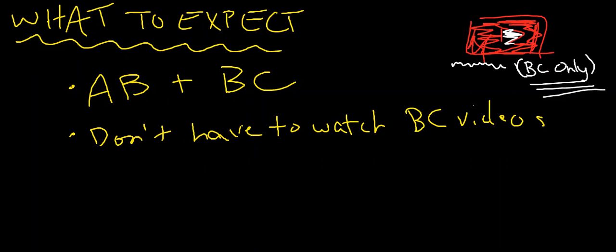So make sure you're looking at the video title so that you know if it's BC only content. You'll probably know that the last 10-15 videos will be BC only content, because that's going to be the series unit.